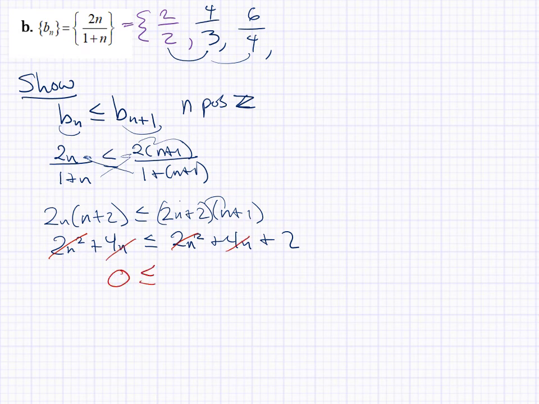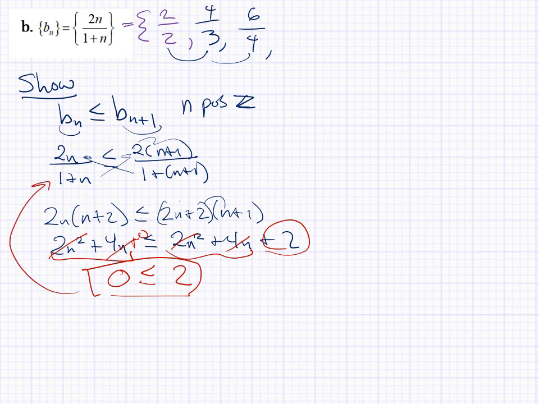So 0 is less than or equal to 2. If this and this are the same, this side has plus 0 on it, and this side has plus 2 on it. Clearly, 0 is less than or equal to 2 at all times. So therefore, this inequality holds, and b sub n is monotonic. So that's one way you can show that a sequence is monotonic.